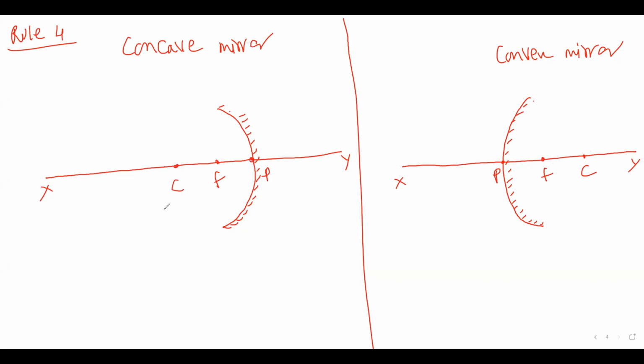Okay, then the last rule says that if the ray is incident at the pole, making a certain angle with the principal axis, it will reflect making the same angle with the principal axis.